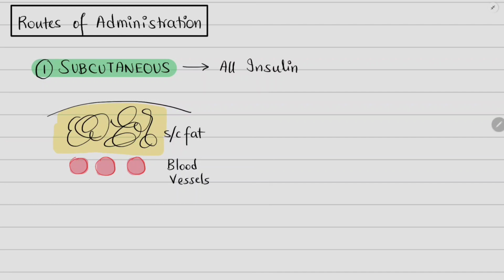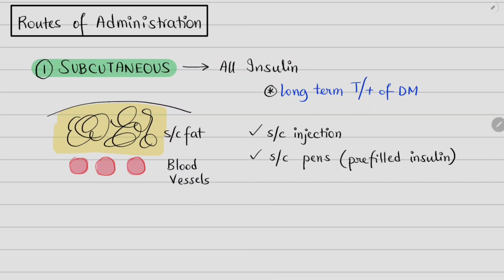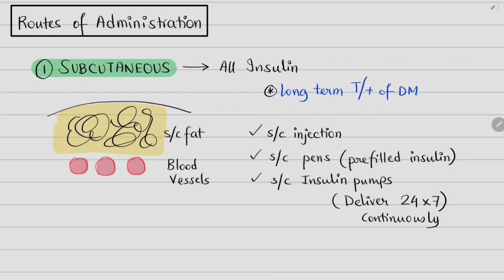So if you inject the insulin in the subcutaneous fat, then slowly, gradually the insulin will get absorbed in the blood vessels and reach the bloodstream. Now insulin through subcutaneous route can be used for long time treatment of diabetes mellitus. Therefore subcutaneous injections can be given, subcutaneous pens which have pre-filled insulin can be given, and subcutaneous insulin pumps, they deliver 24/7 continuous insulin supply.